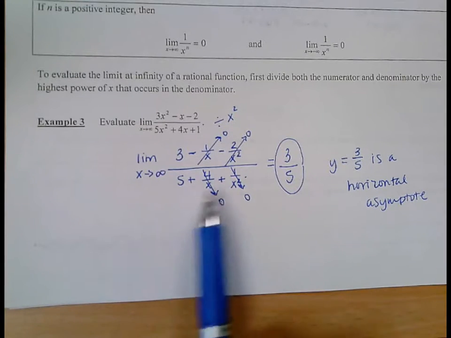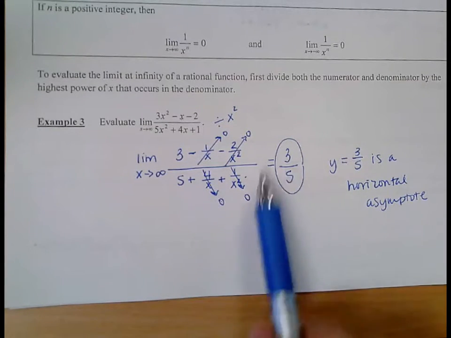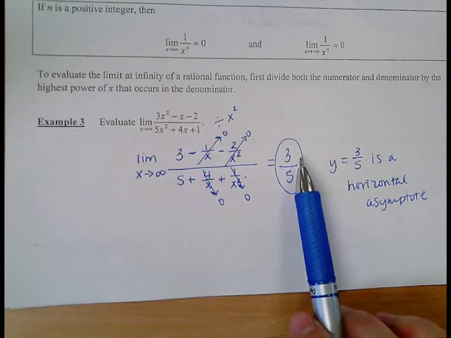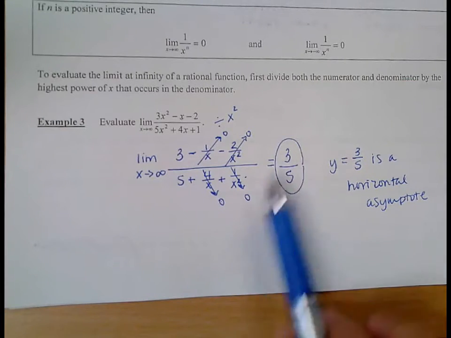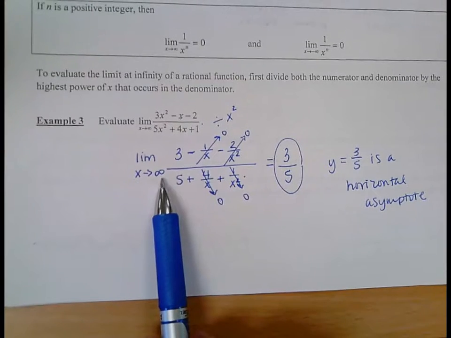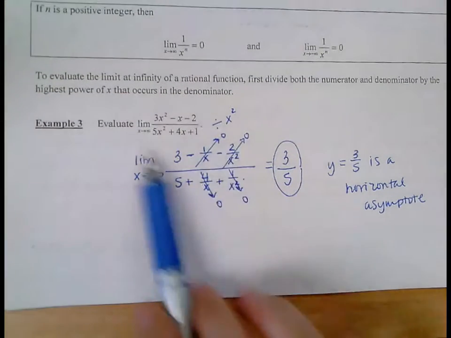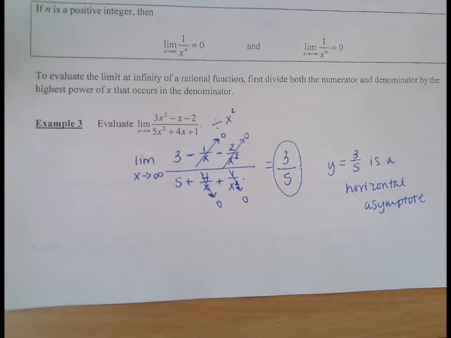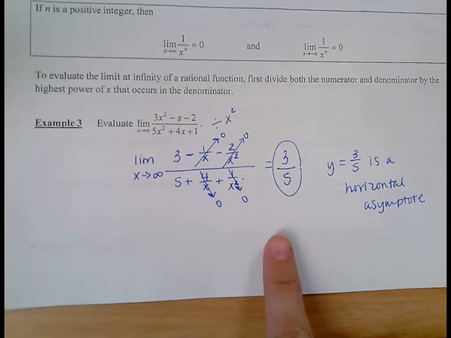Because remember the limit, what it's equal to, that's the y value it's approaching. So this is the y value. The x values are the numbers getting infinitely large. So it's saying if you graphed this function, if you looked way to the right on the curve, you'd get that asymptote at the value 3/5 or 0.6.